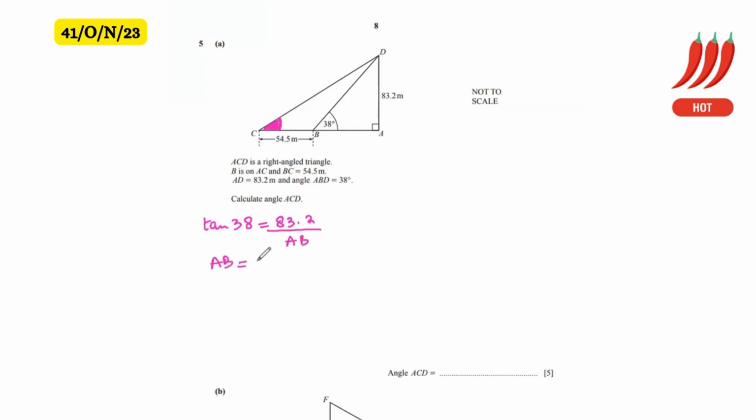So AB is 83.2 over tan 38, which is equal to 106.49 meters. So now AC is going to be 106.49 plus 54.5, which is going to give us 160.99 meters.